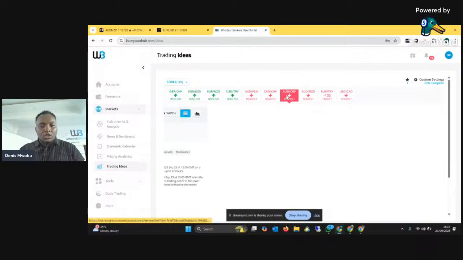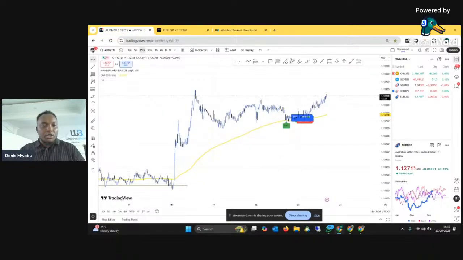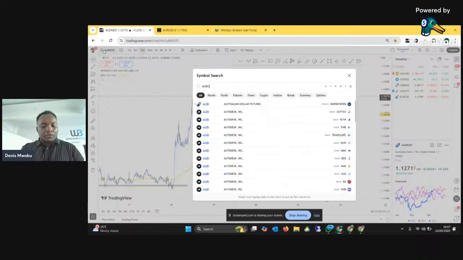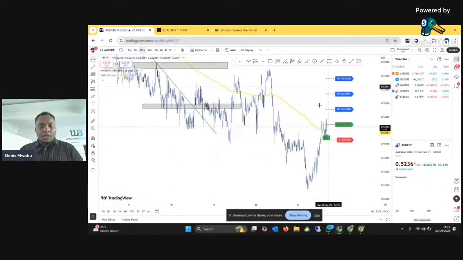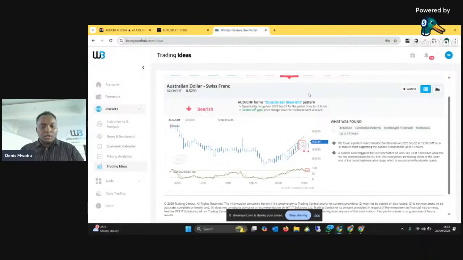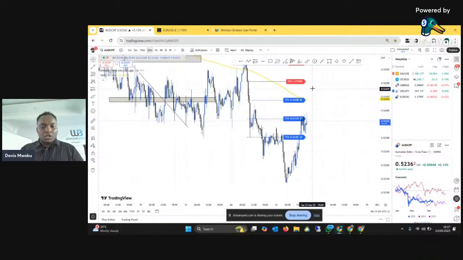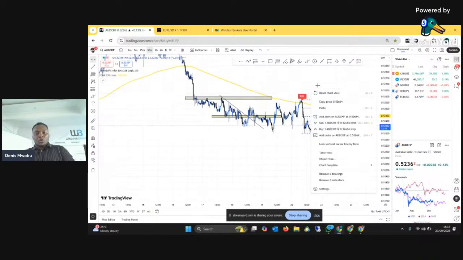We take a look at AUD CHF. Here it's telling us to go bearish. This is on the 30 minutes time frame. We want to make sure that the BMM is also bearish.